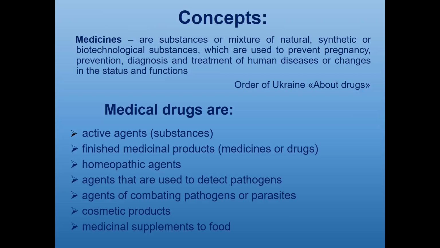Medicines are substances or mixtures of natural, synthetic or biotechnological substances which are used to prevent pregnancy, for prevention, diagnosis and treatment of human diseases or changes in the status and functions. Medical drugs are active agents, finished medicinal products, homeopathic agents, cosmetic products, medicinal supplements to food, and others.